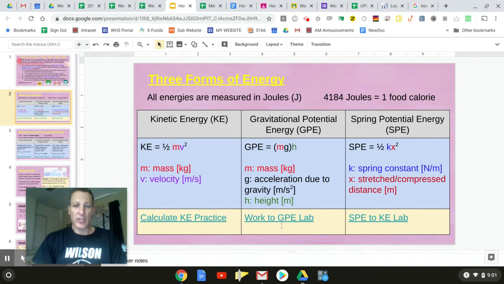refamiliarize yourself with GPE. Lastly, SPE, spring potential energy, is the energy stored in a spring, whether it is stretched or compressed. The X in the formula here represents that distance measured in meters. The K is your spring constant measured in newtons per meter. Remember that a high K value means you have a tight spring.